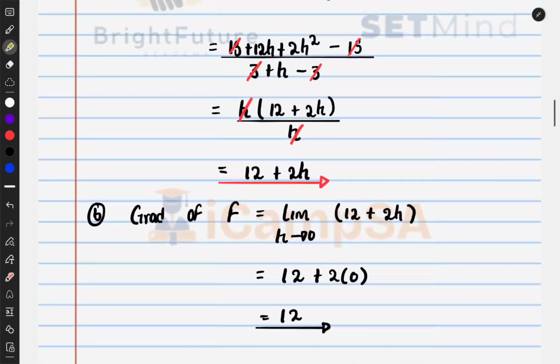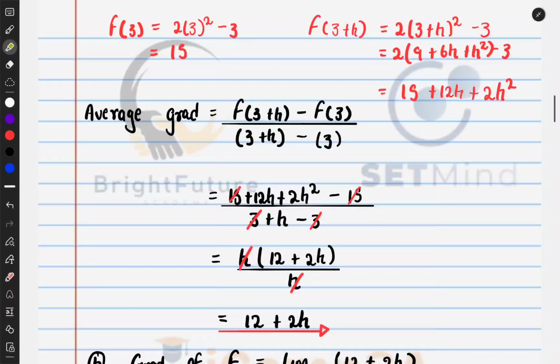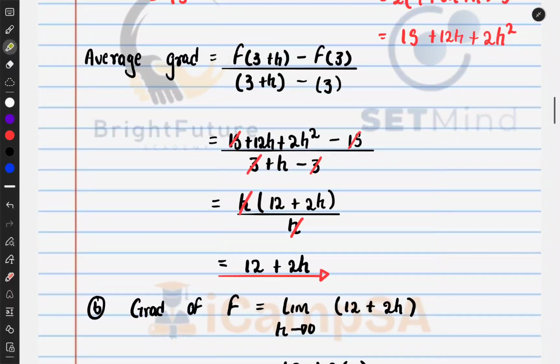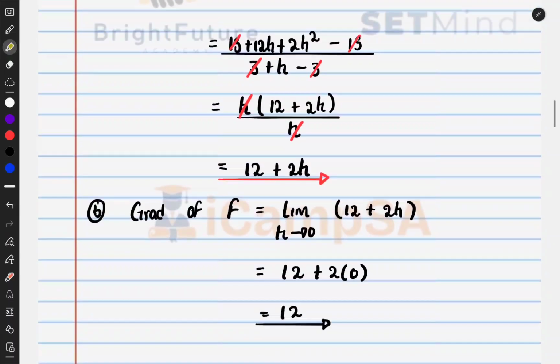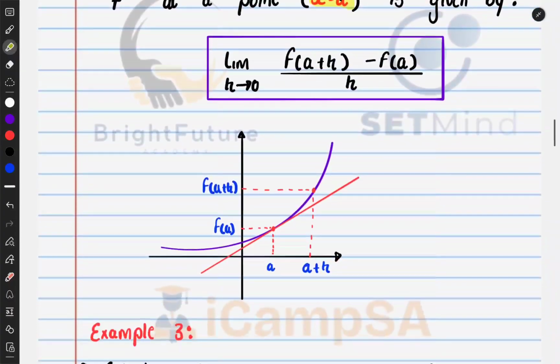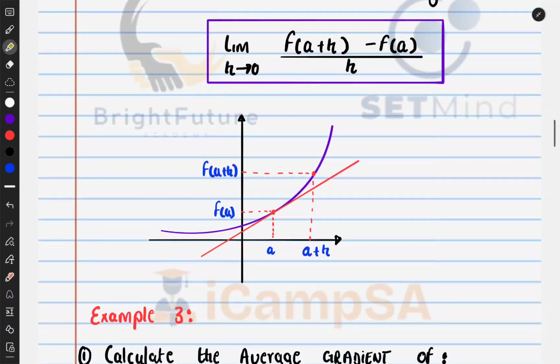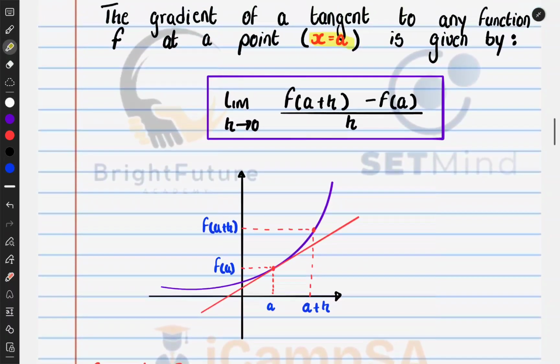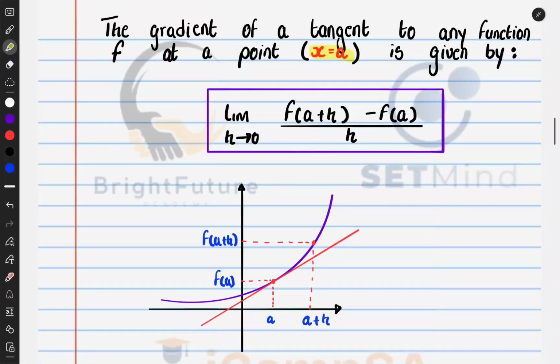Because what you will notice here, as we keep on calculating the average gradient, in the denominator we will always be left with h, the difference, the distance between the 2 points, which is h. So we can simplify that as shown here by the formula for the limit.